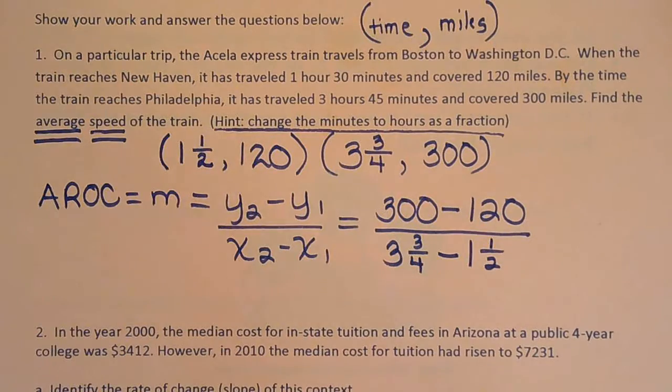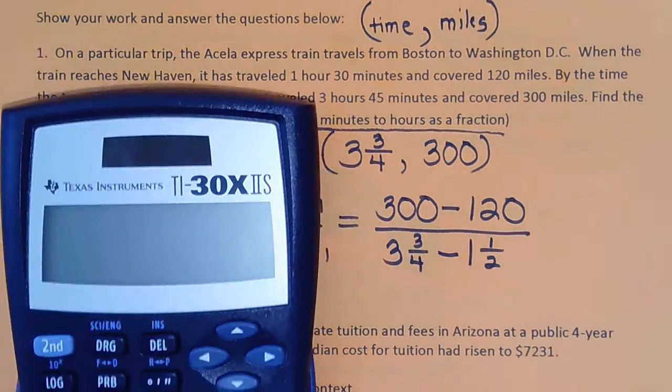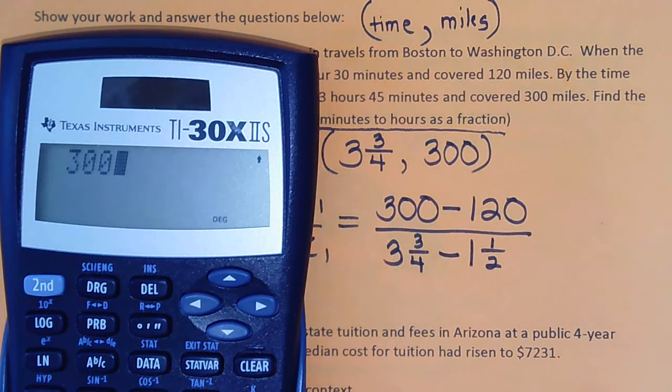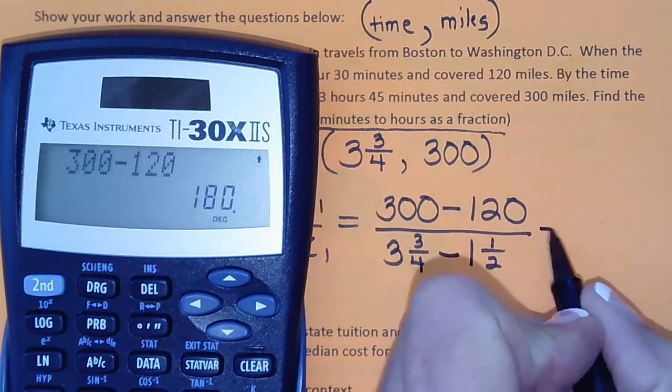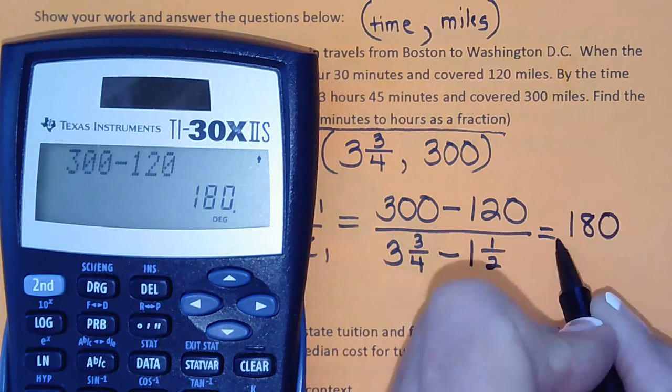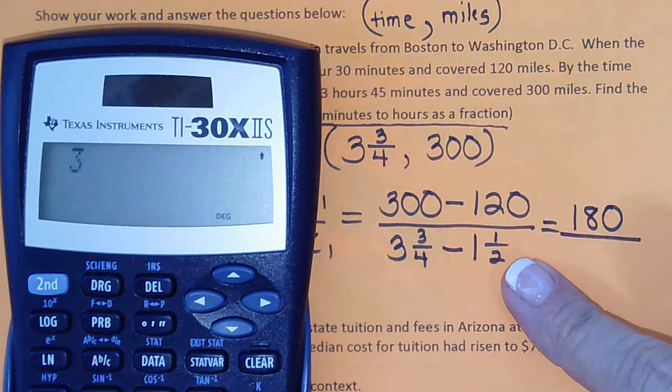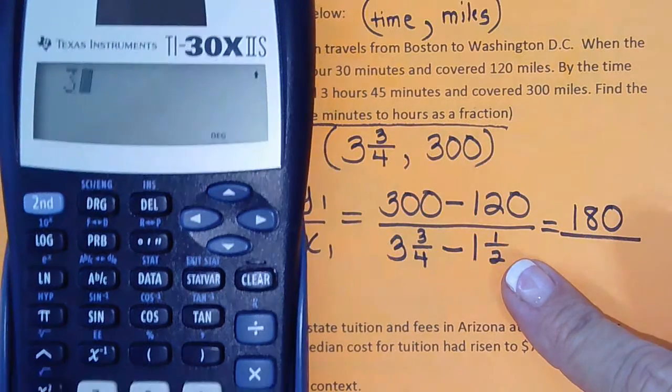So you may think, oh, this is ugly. No, not really. We can do it all on the calculator. So first we need to compute the numerator. So that'd be 300 minus 120, and that gives us 180. And then we do the denominator, 3 3/4 minus 1 1/2. Does everybody remember how to do a mixed number in the calculator?